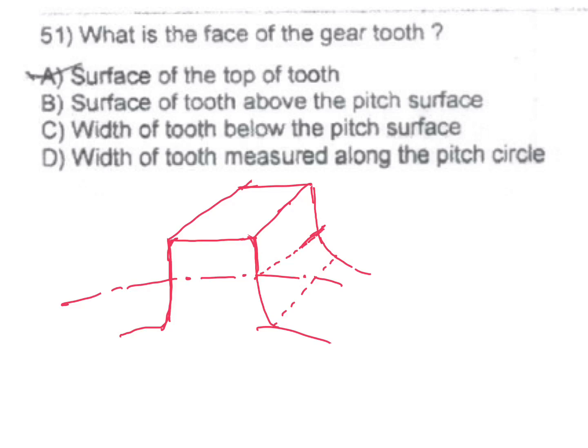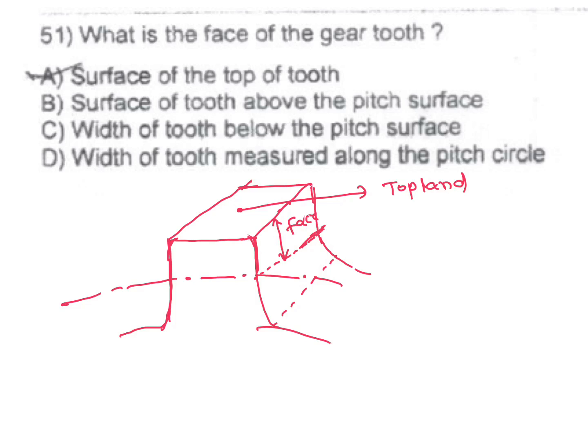Surface of the top of the tooth. Top of the tooth means this area. This is called as top land. Then surface of tooth above the pitch surface. This area. This is called as face.